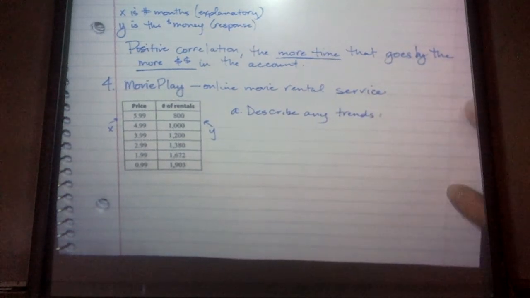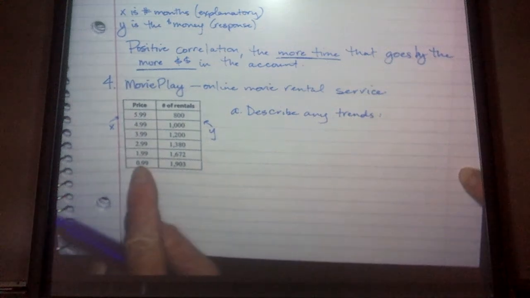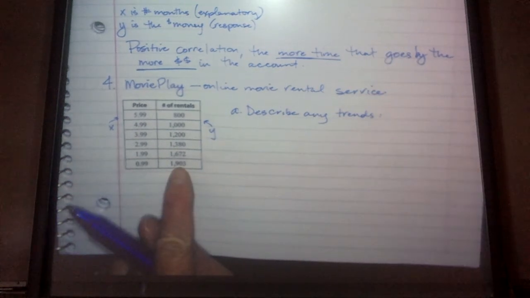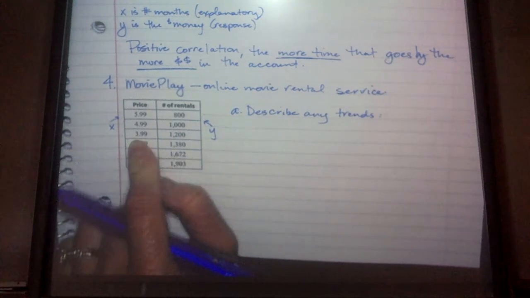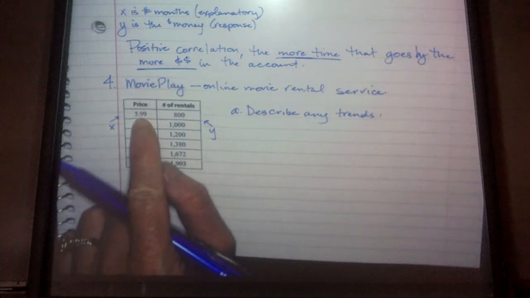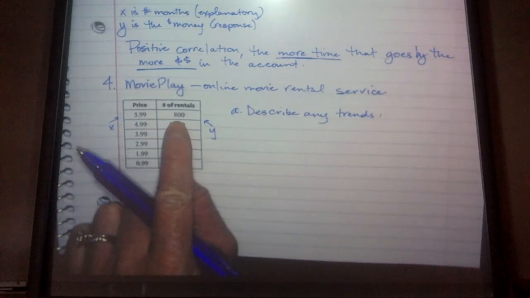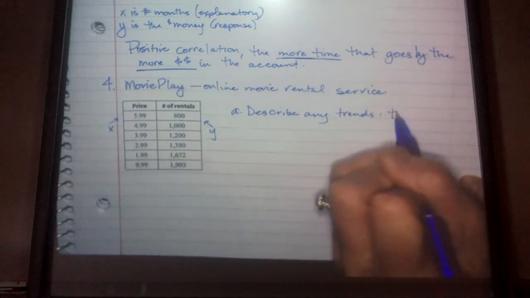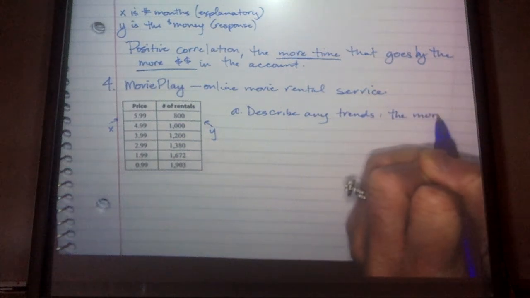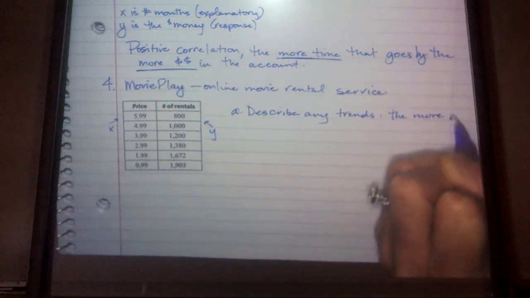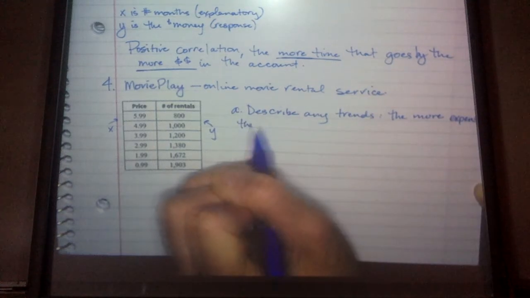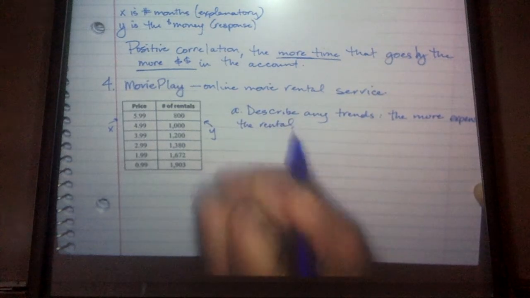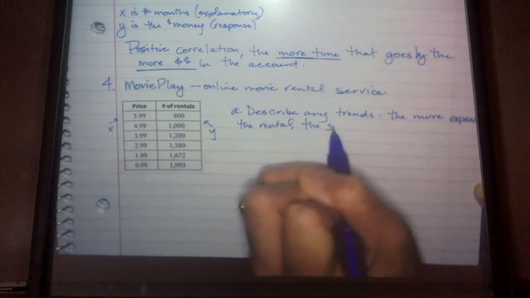So when I look at this, at 99 cents, 1,900 people rented it. At $1, a little less. $2.99, a little less. So the more expensive the rental, the smaller amount of people that rent it.